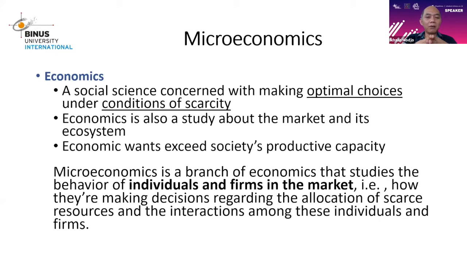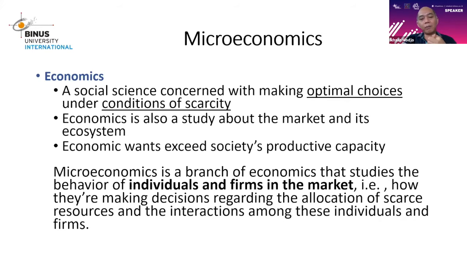So when we learn about microeconomics, first we have to know what a market is, obviously, yeah? Because the market is basically the place where individuals and firms make decisions regarding the allocation of scarce resources, and the interactions among these individuals and firms.